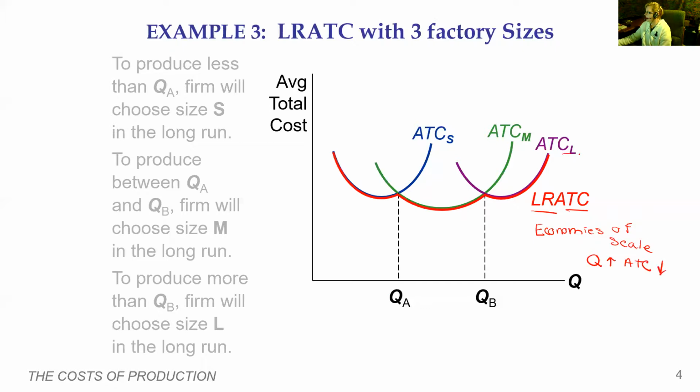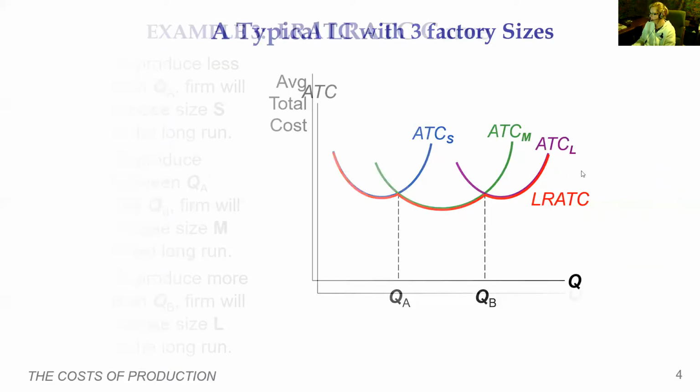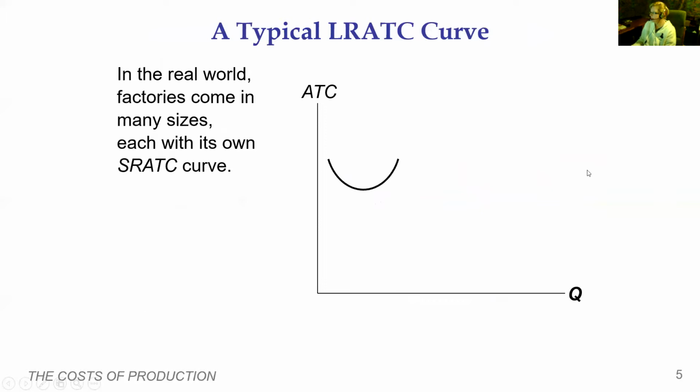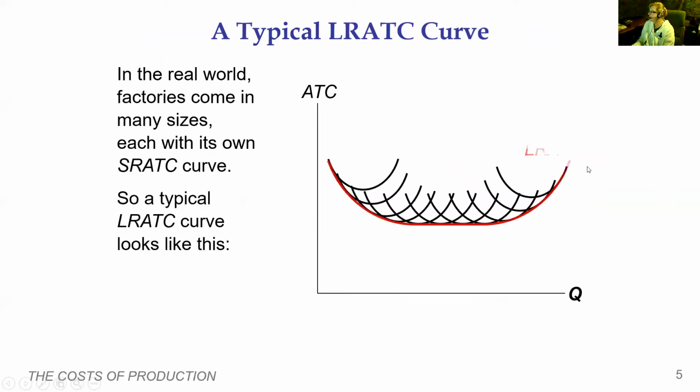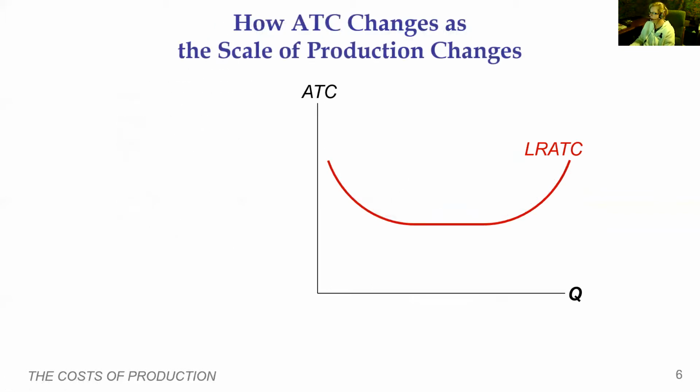If we are out here, this would be our diseconomies of scale. Diseconomies are basically, as our quantity increases, average total cost increases. So if we take lots of different sizes and we put them together, we see the long run average total cost curve.